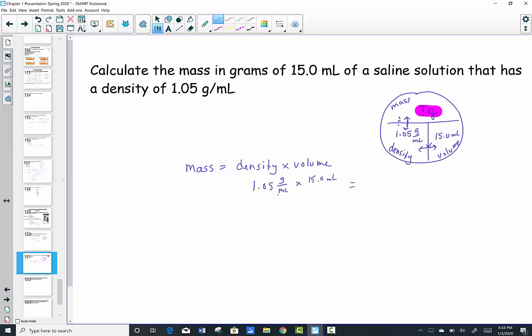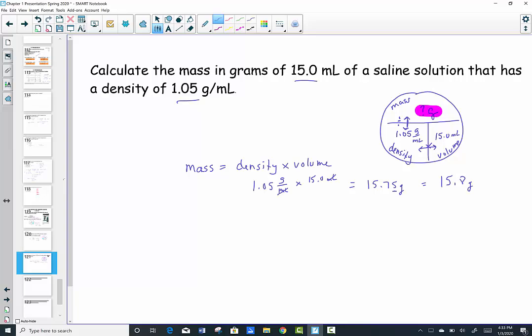Notice how that cancels the volume and you're left with a gram. So I'm going to hit 1.05 times 15, and my screen says 15.75 grams. We're allowed 3 sig figs, so this number will need to be rounded up, 15.8 grams.